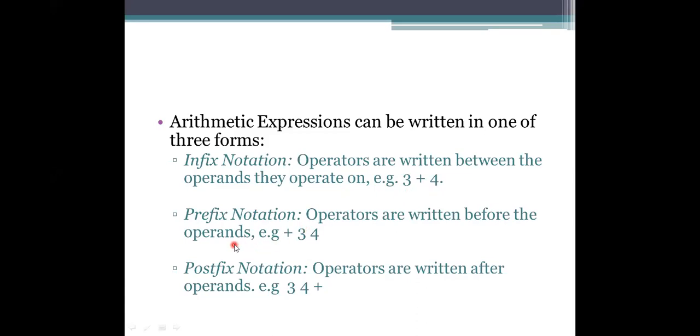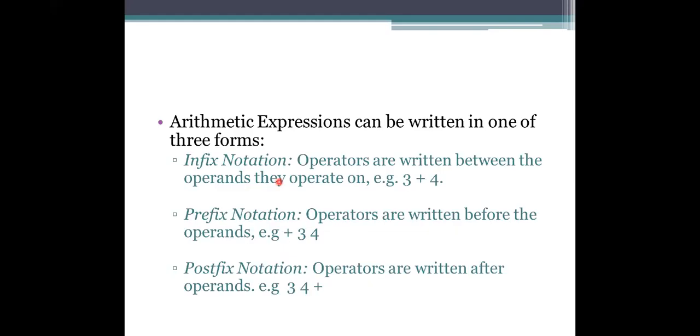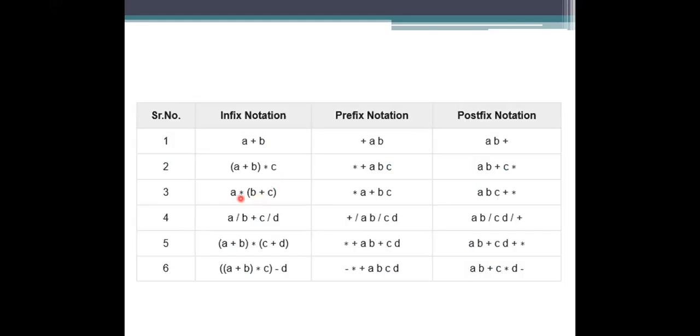Coming to the prefix notation, the operators will be placed in front of the operands. For example, instead of writing 3 plus 4, the operator is placed first, and then the operands follow. If we are using multiple operations, each is evaluated separately, and the operator is placed in front of the variables you are using.